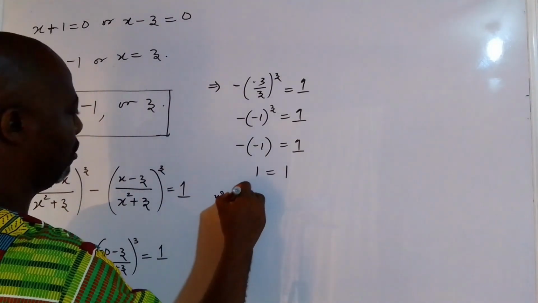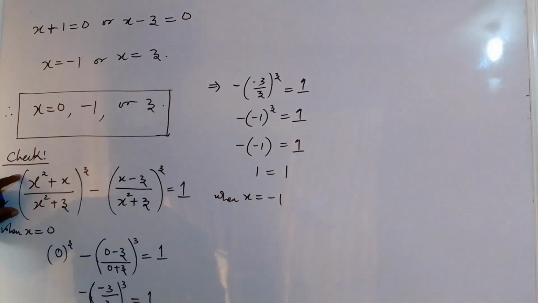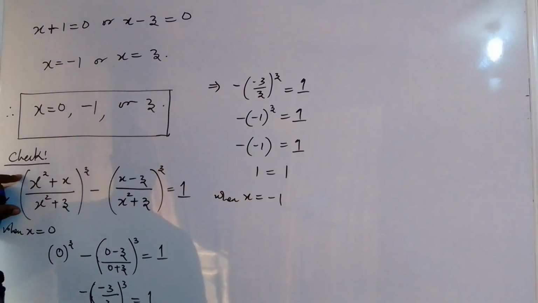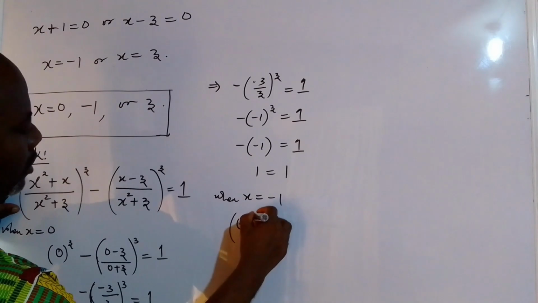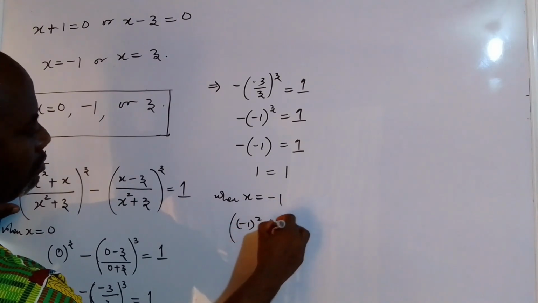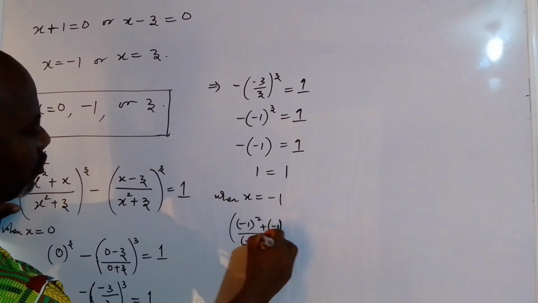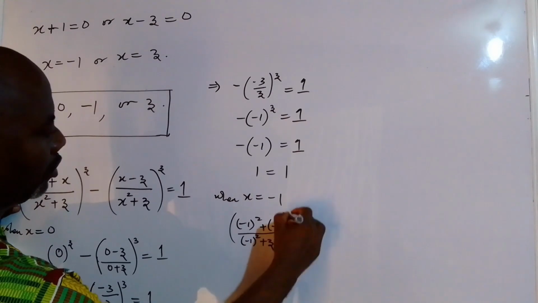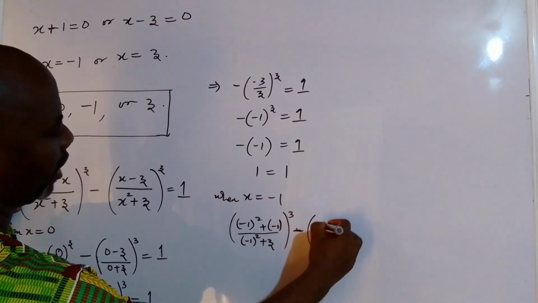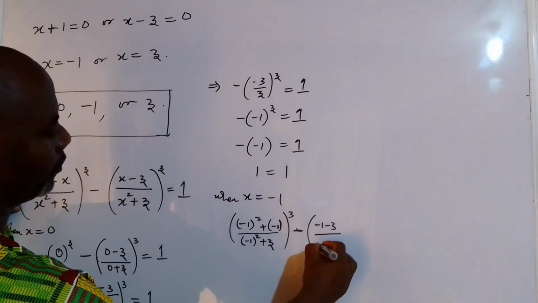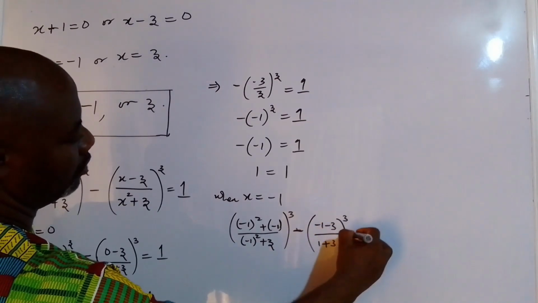For when x equal to minus 1, the equation becomes minus 1 squared plus minus 1 all over minus 1 squared plus 3 all cubed plus minus 1 minus 3 all over 1 plus 3 cubed equal to 1.